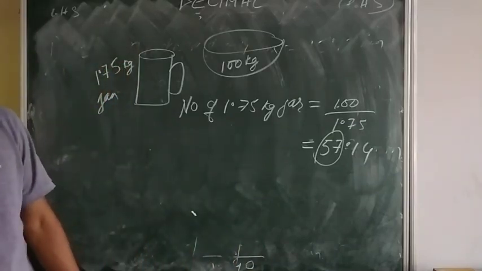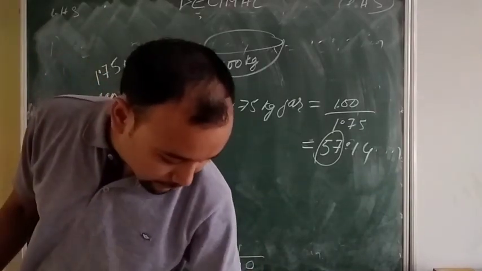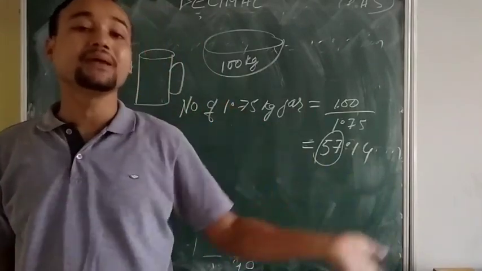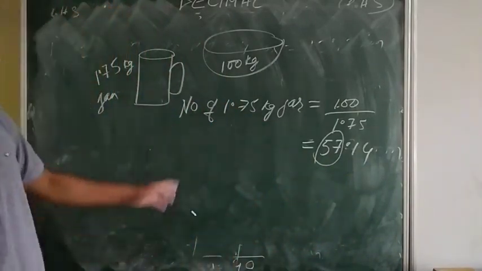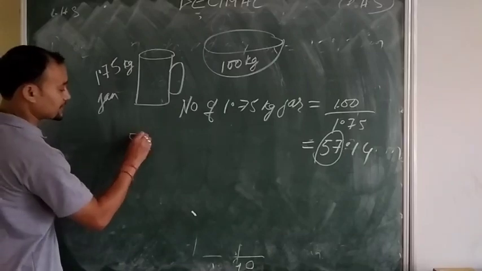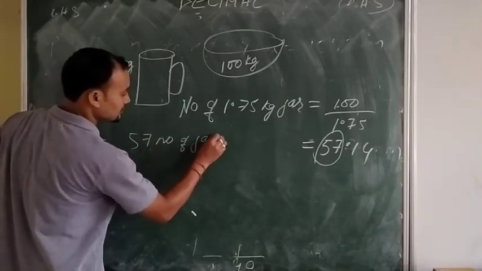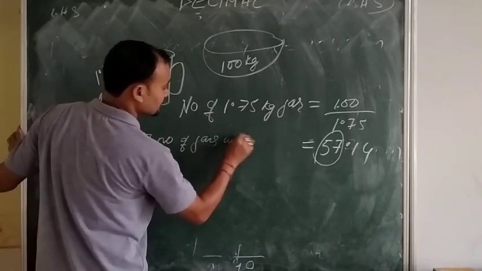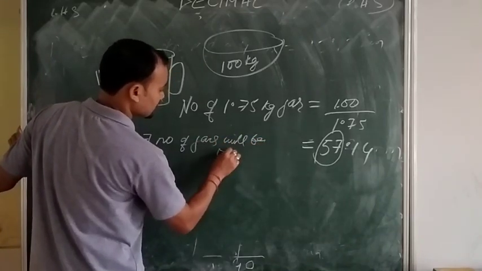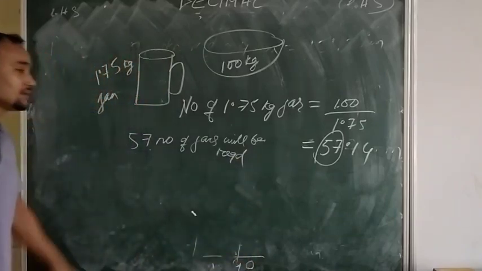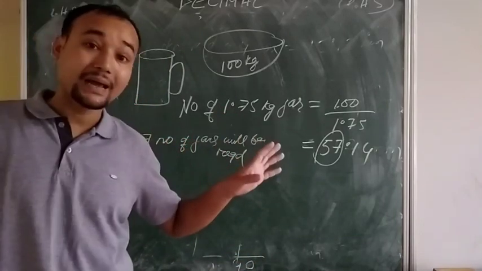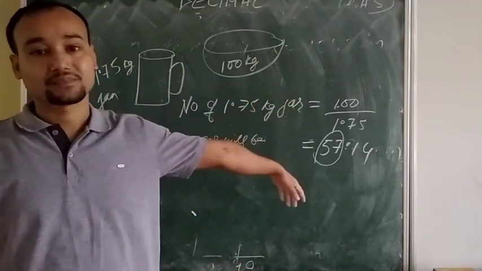They are asking not only how many jars will be required but also how much amount of jam will be left over. Now see, 57 number of jars will be required. Now what amount of jam is left?